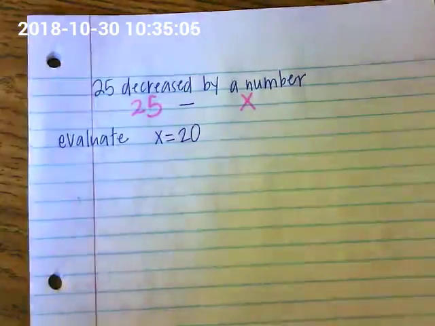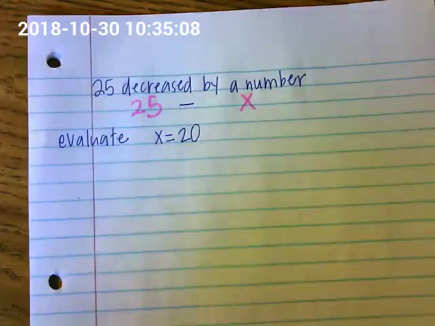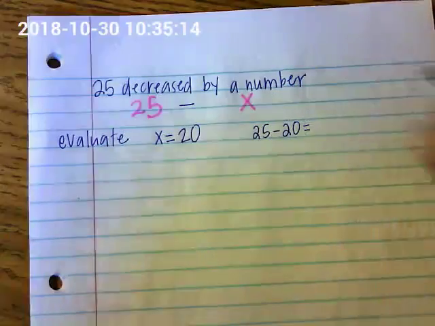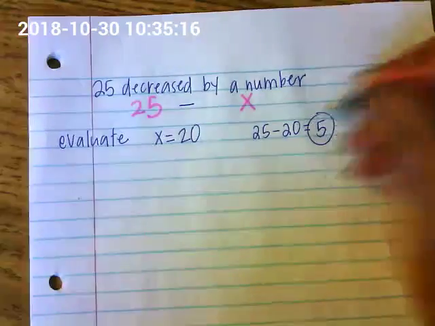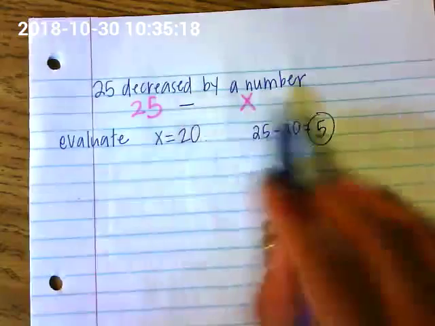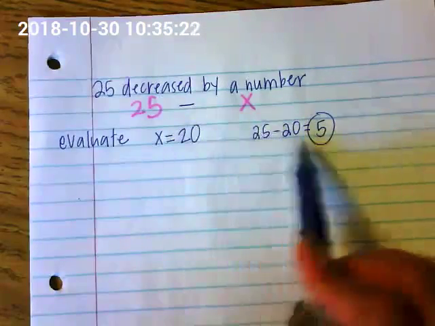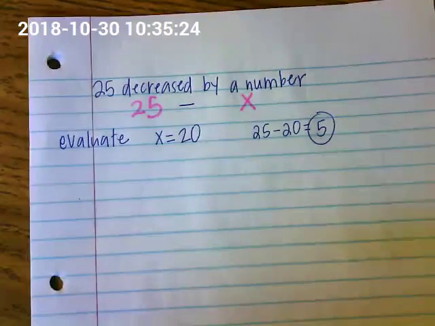So what would I do with 20? You would replace the X with 20. So I would substitute 25 minus 20 gives me 5. So if 25 is decreased by a number, 25 minus X. If that number is 20, 25 minus 20 is 5.